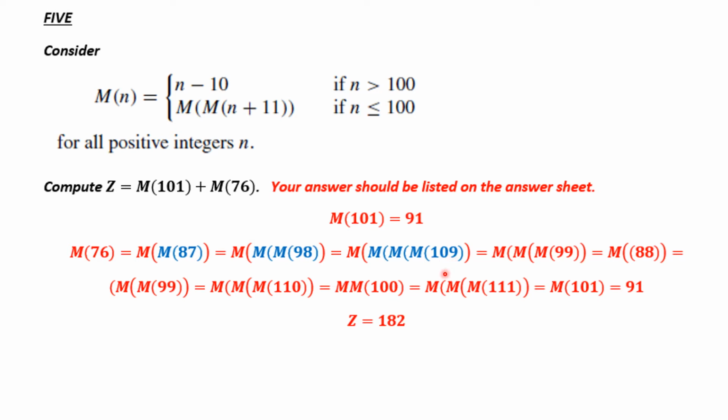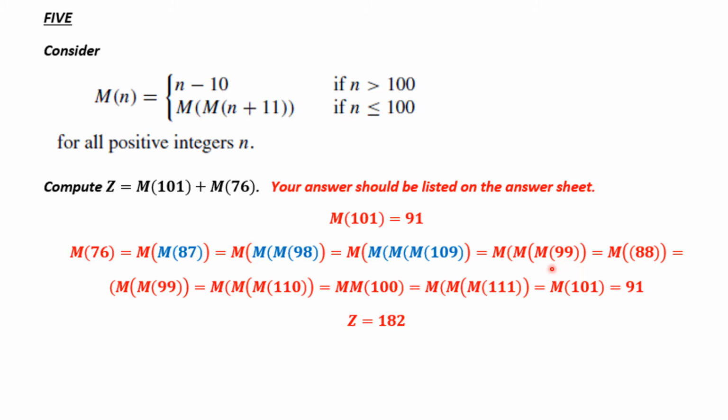So I have that. Now M of 109 I can calculate because 109 is bigger than 100, so that is minus 10. So the M of 109 becomes 99. So this becomes the 99, and then there are my 3 M's.